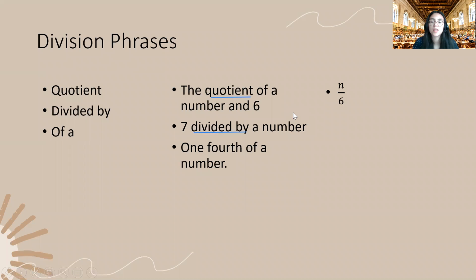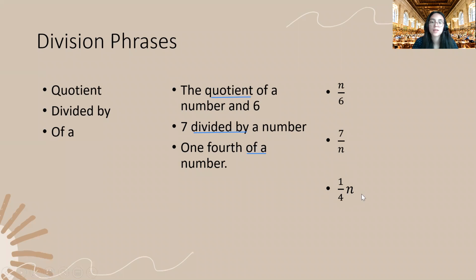So how would we write this? It would be 7 on the top. This fraction bar tells us it's division, and by a number tells us that we are going to be using a variable. So we just write our variable n at the bottom. And notice how these two things are different based on how we phrase them in the bullet points, okay? And in the final bullet point, we have 1/4 of a number, and this is how we write it.